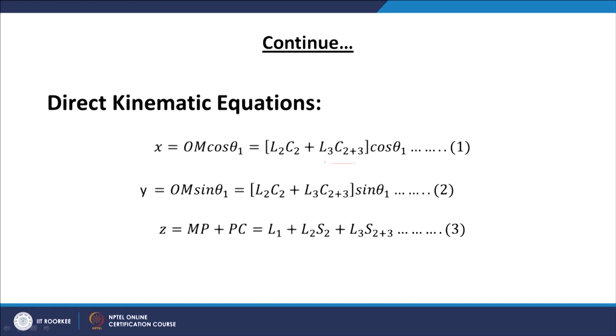X is given by this, y is equal to (L2 cos theta 2 plus L3 cos (theta 2 plus theta 3)) into sin theta 1, and the z coordinate is easily seen from the picture.